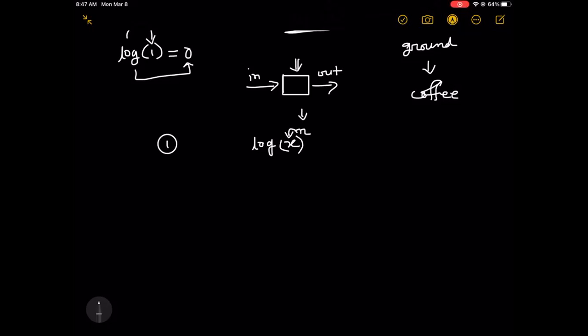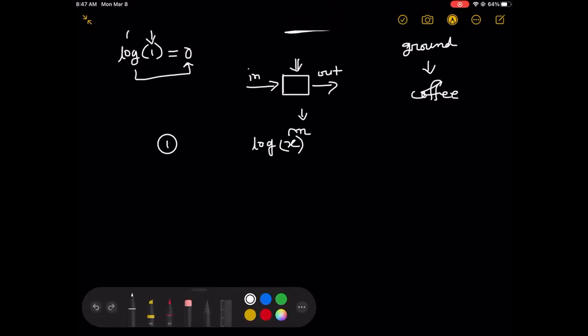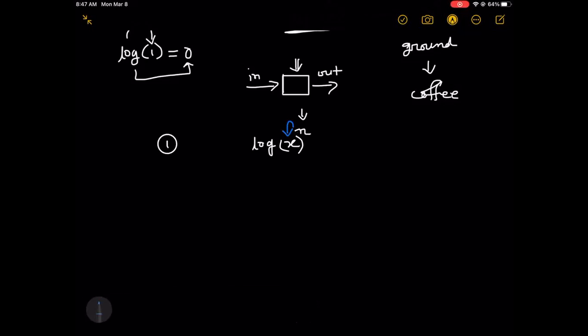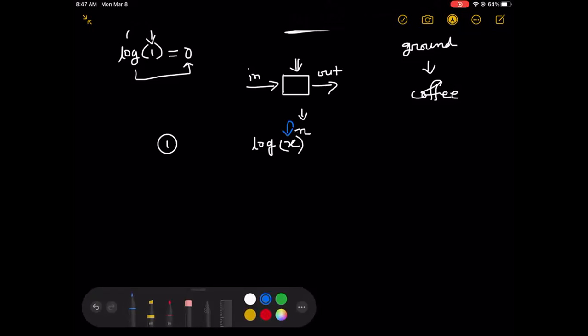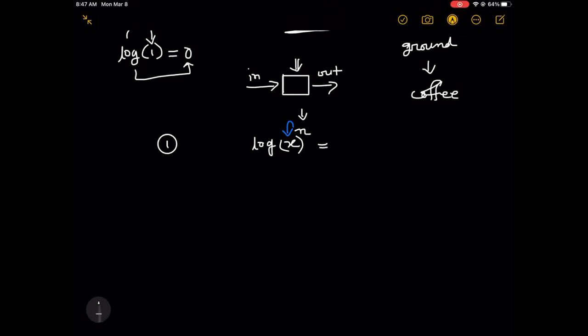That's an x^n, by the way. Looked like m. Okay, and the property is whenever we have a situation like this, you can straight away write this. That means you can take the exponent in front and write it like this.